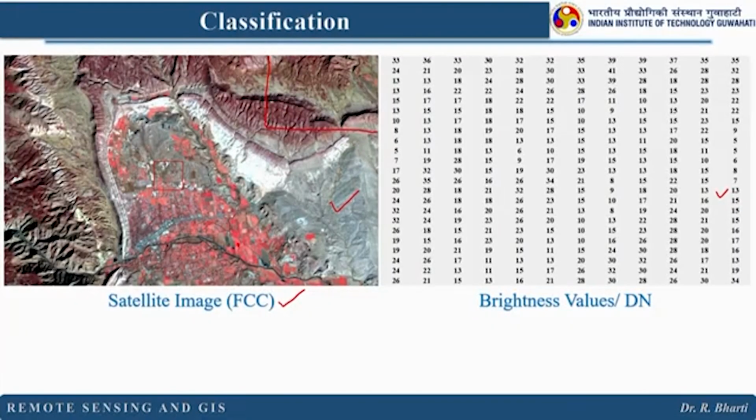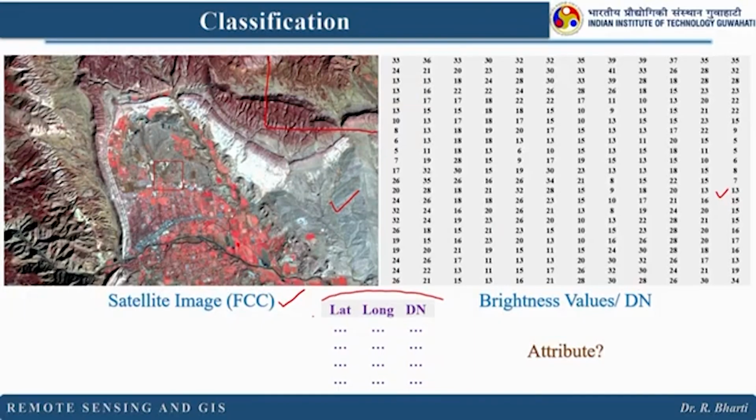Here everything is manual, but we don't want to do it manually every time, because the image pixel size may be 10,000 by 10,000. For 10,000 by 10,000 pixels we cannot do it manually. So we have to find a logic or an algorithm through which we can identify the classes for individual pixels. Once we have this algorithm, the whole image will be classified into different classes.